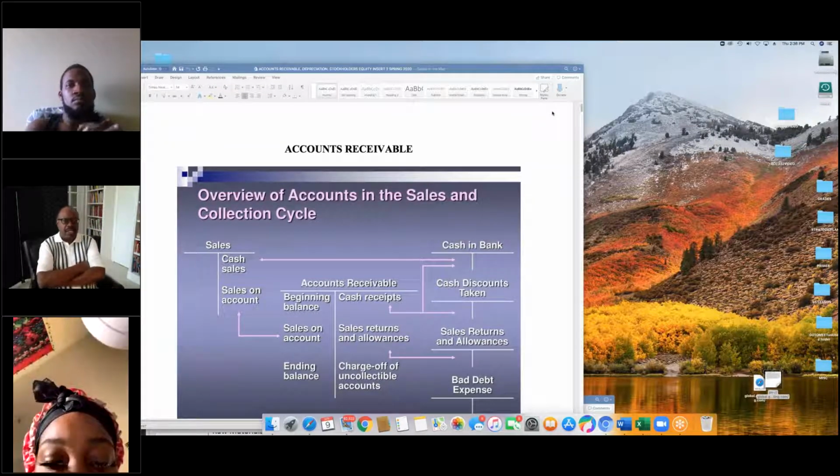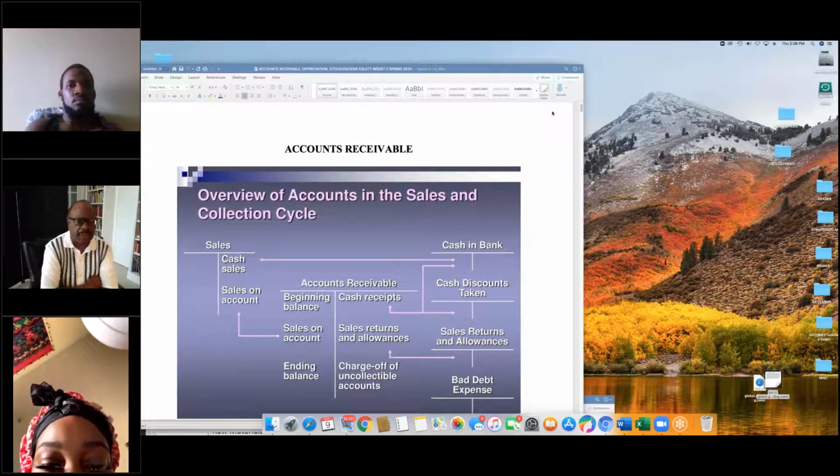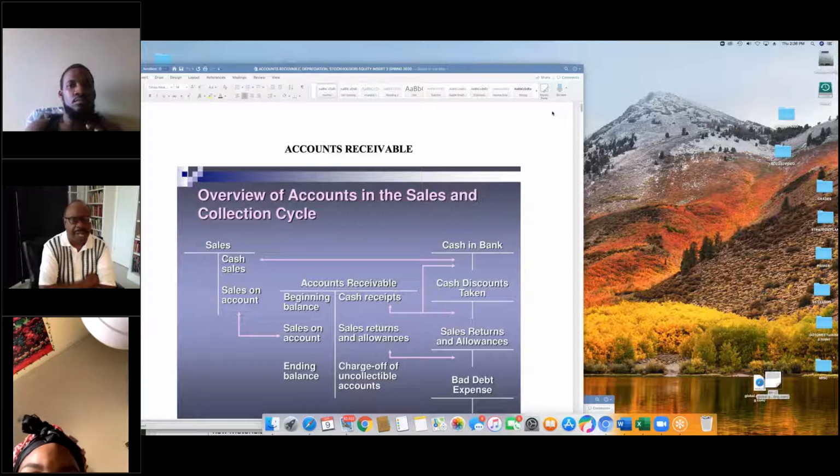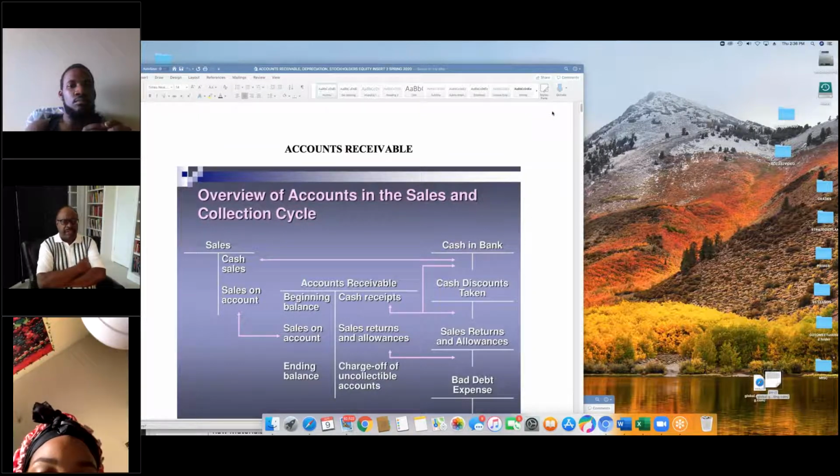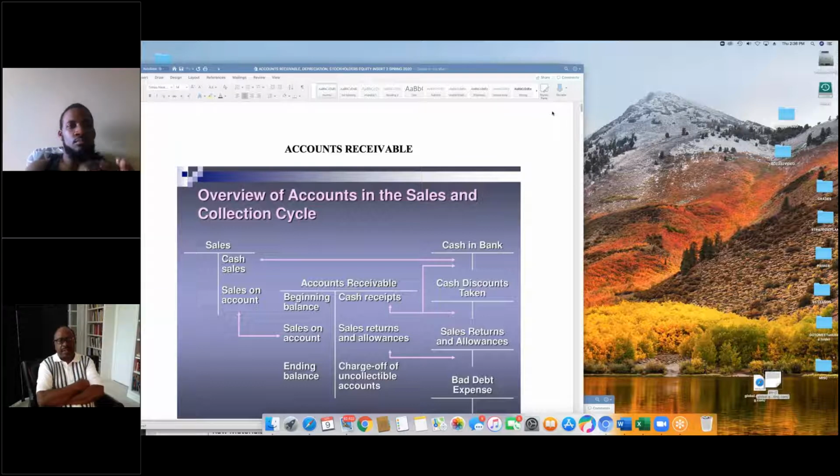We began our discussion on Tuesday about accounts receivable, and we went through the accounts receivable cycle. We also looked at depreciation, and we didn't get to stockholders' equity, but we will today.